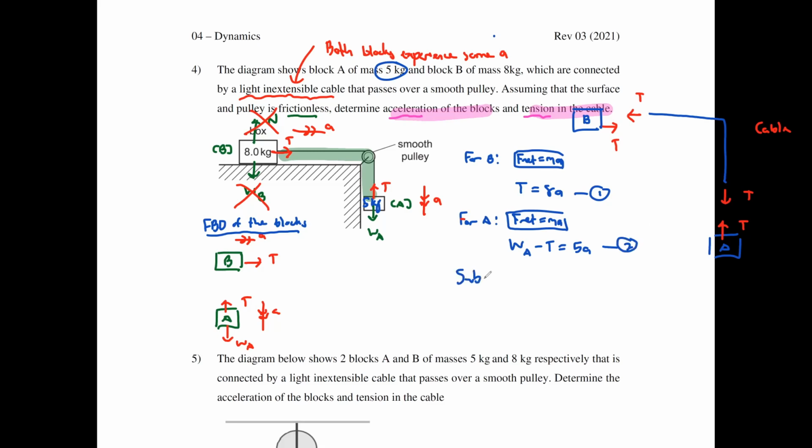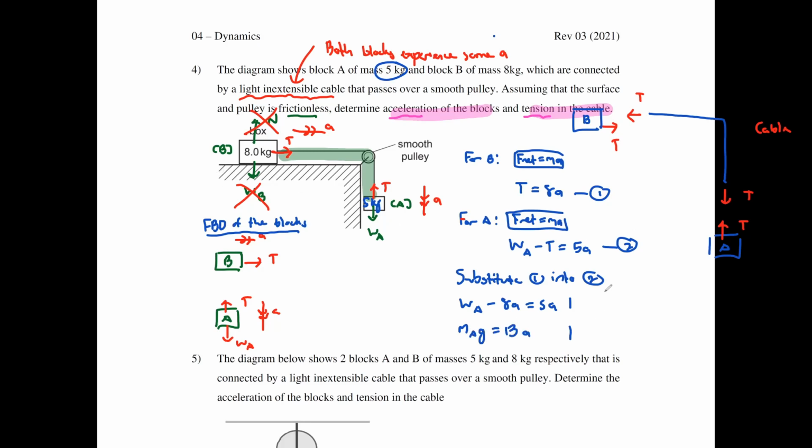Now, if you substitute 1 into 2, you're going to get WA equals 8A plus 5A. So you're going to get MAg equals 13A.